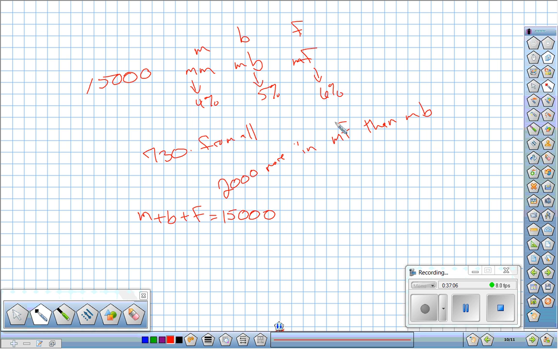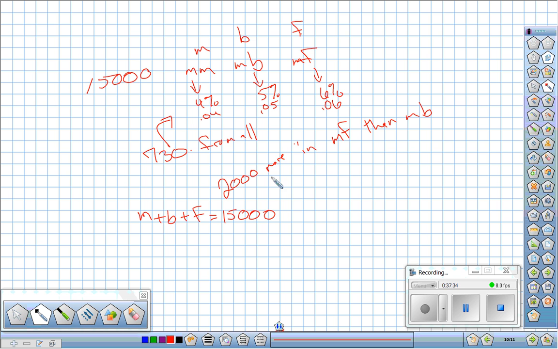When you guys are reading these sentences, basically, they break up sentences so that each sentence you can make a different equation from it. So 4% is really, as a decimal, 0.04, 5 is 0.05, and 6 is 0.06. So I earned $730 from those three things.